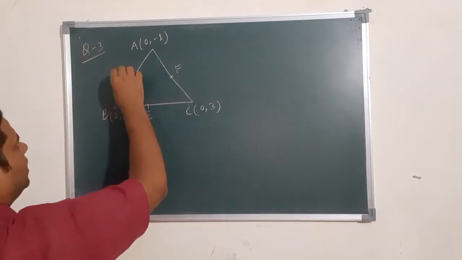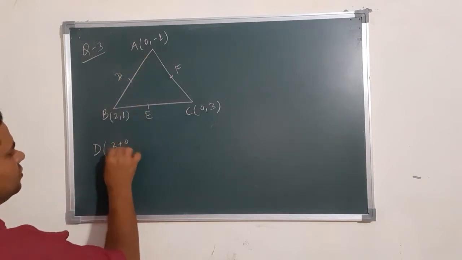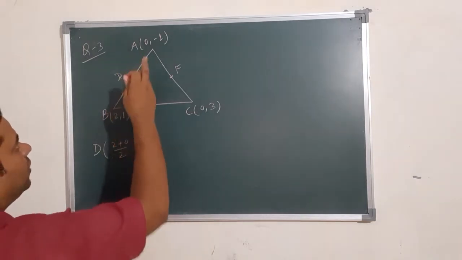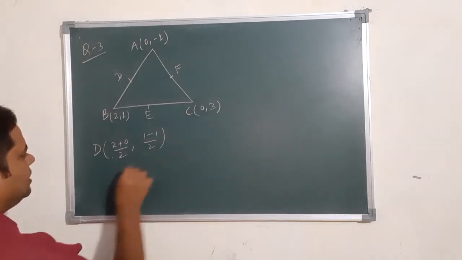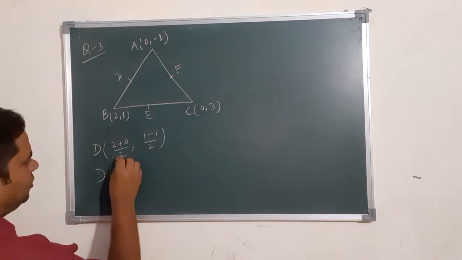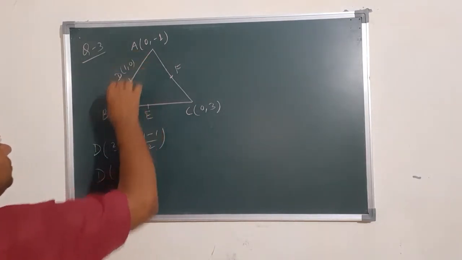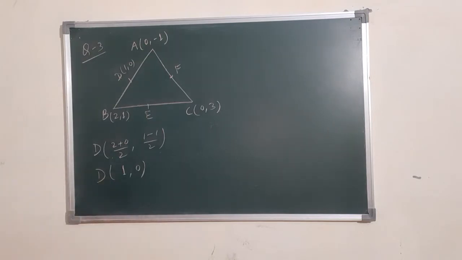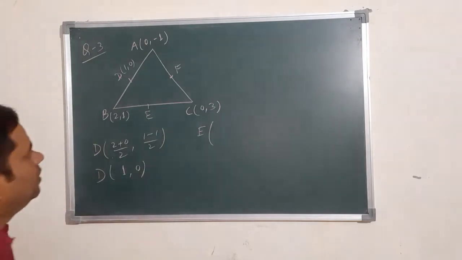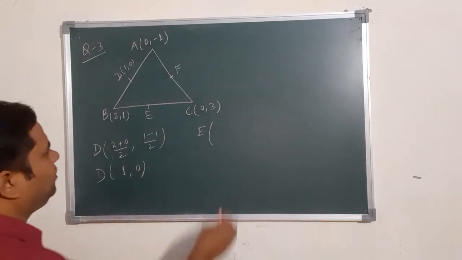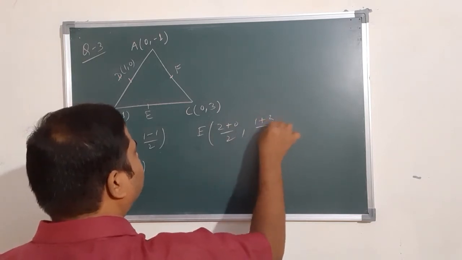So you know very well, D is nothing but 2 plus 0 by 2, comma 1 minus 1 by 2. D is 2 by 2, which is 1, and 0. So D is 1, 0. E is the midpoint of B and C. So 2 plus 0 by 2 and 1 plus 3 by 2.